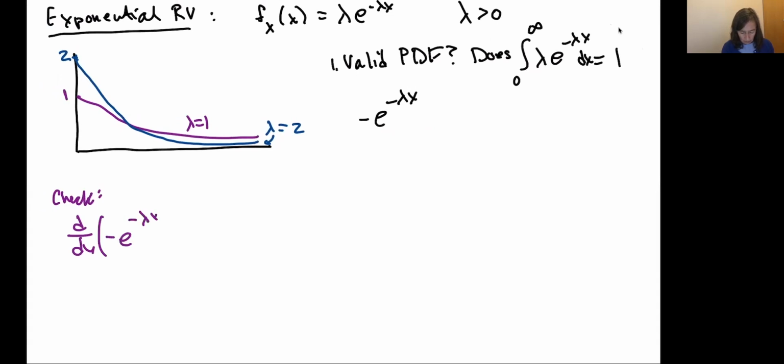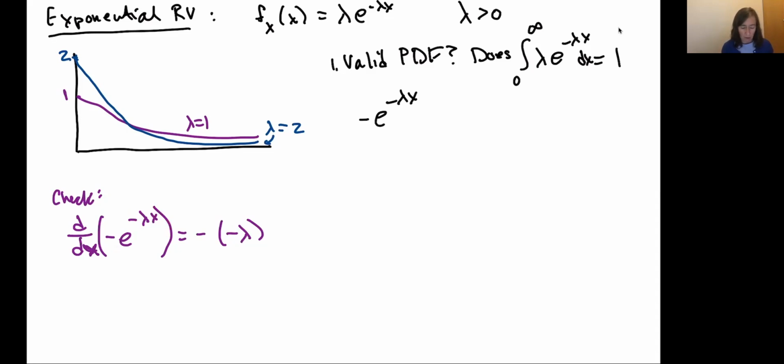Negative e to the negative lambda x, taking that derivative with respect to x. The negative sign out in front just stays there. I bring down the negative lambda because that is the derivative of the inside function. I'm using the chain rule here. And then the derivative of e to something is e to something.